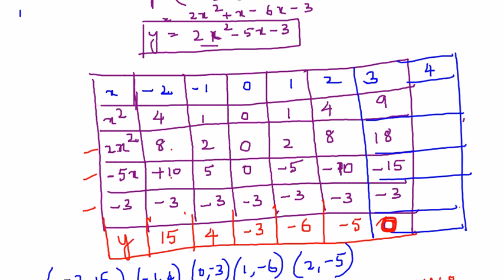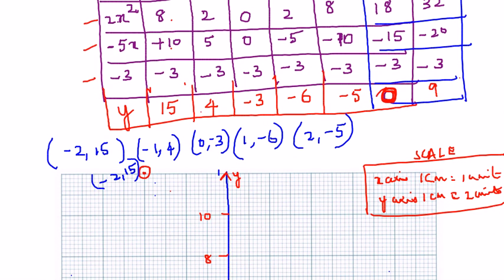Likewise, if I take 4, I get 16, 2x squared is 32, minus 20, minus 3, and you will get plus 9 here. So I've got 2 more points which I've added now, which are 3, 0 and 4, 9.